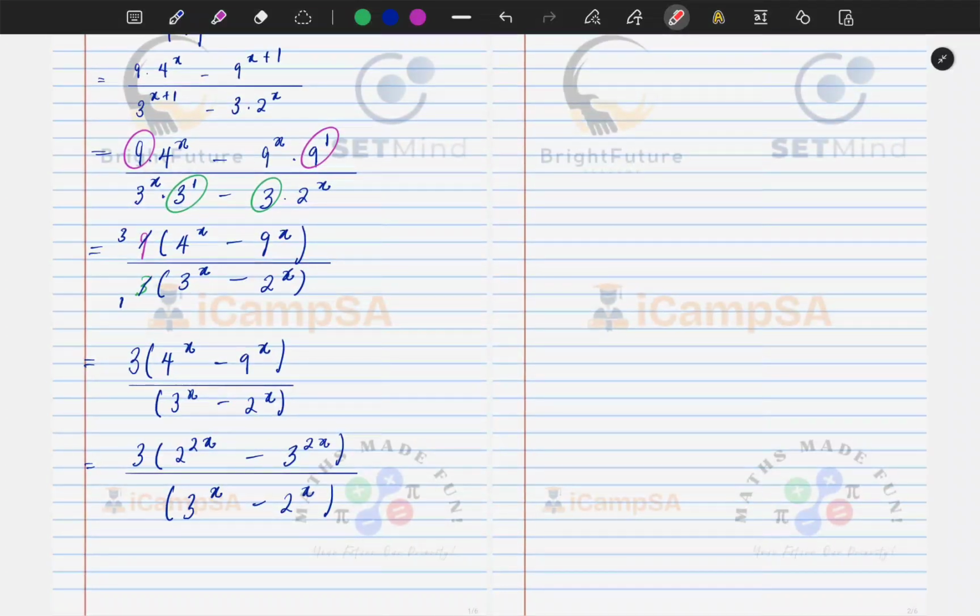So I want to arrange these in such a way that they will almost be similar. The best way I can do that is to look at this.